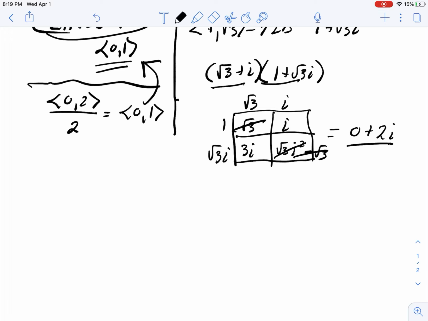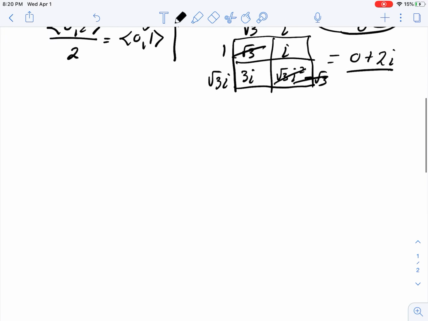So basically, when you multiply two complex numbers, you are actually adding the angles without actually knowing what the angles are.